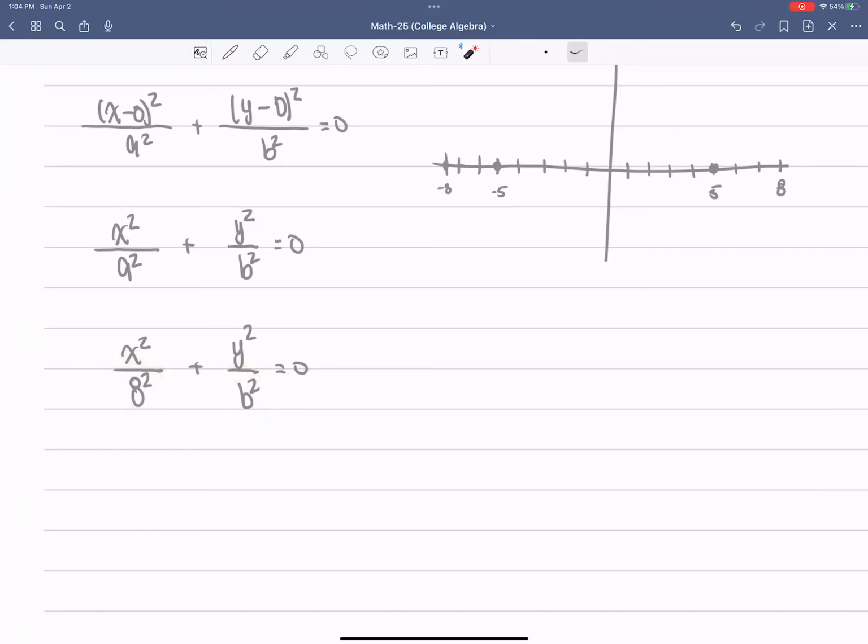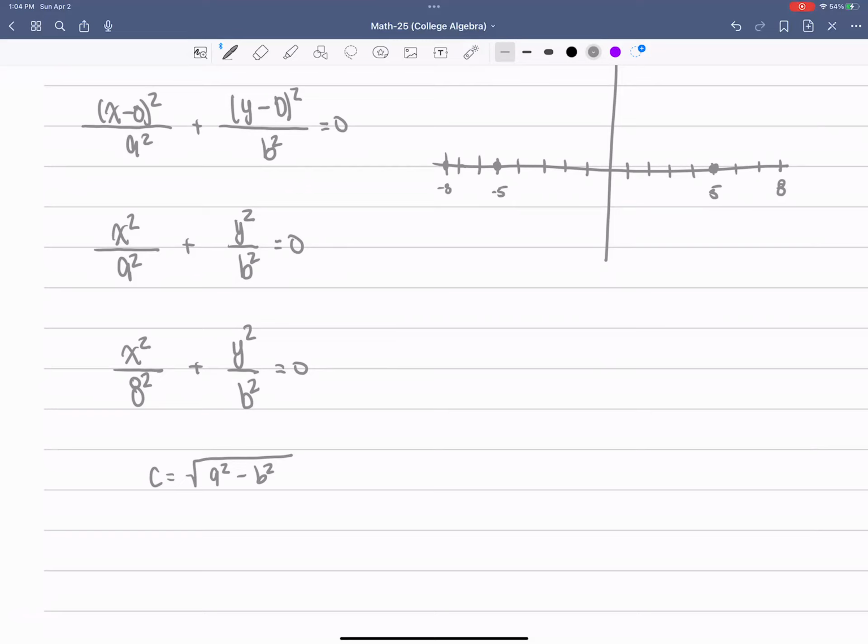To find b, we could use our foci. So our foci ends up being c equal to the square root of a squared minus b squared, or b squared minus a squared. In this case, a is bigger, so we're going to leave it as is.